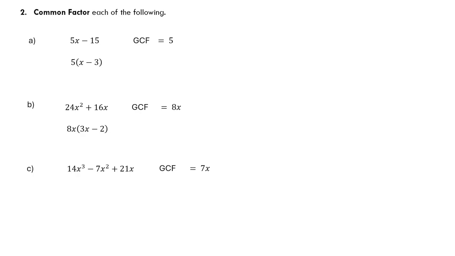So our greatest common factor becomes 7x. 14x cubed divided by 7x is 2x squared. Negative 7x squared divided by 7x is negative x. And 21x divided by 7x is 3.